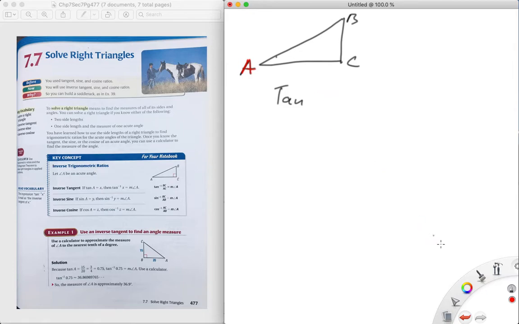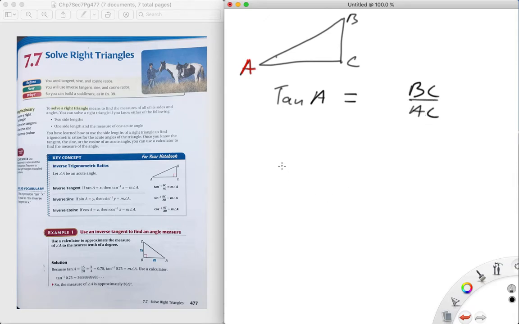Tangent of A is equal to opposite over adjacent, which is BC over AC.